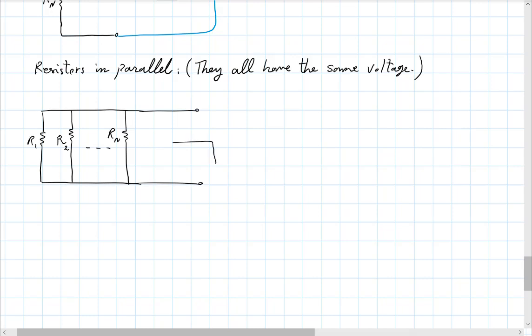If you're looking here, well, again, do the same exercise. Put a voltage source here, measure or calculate this current.